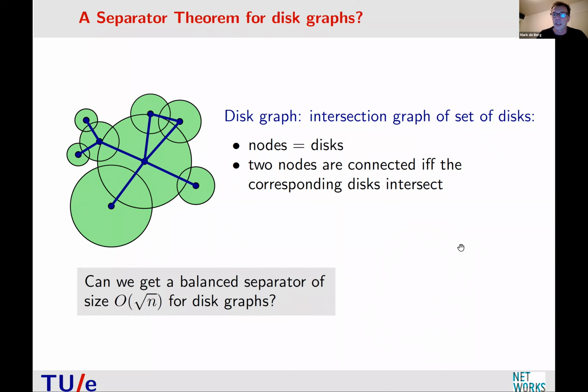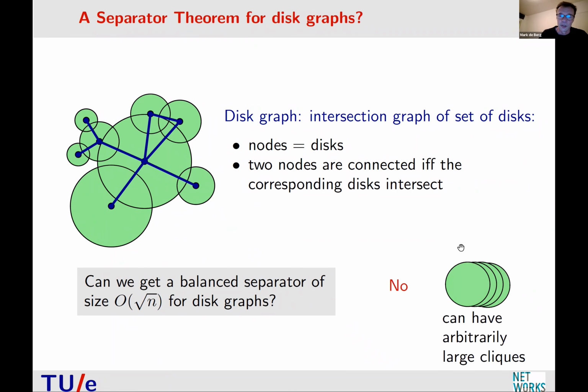So would it be possible to get a balanced separator of size square root of n for these kinds of disk graphs? Probably many of you already realize this is not going to work, because I can have an arbitrarily large clique.